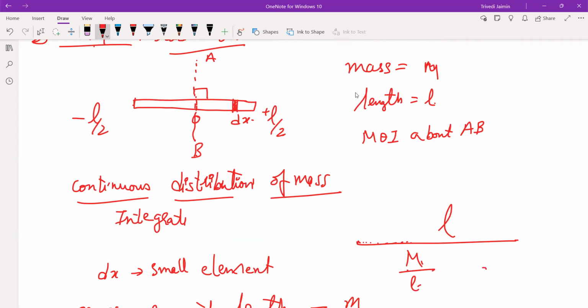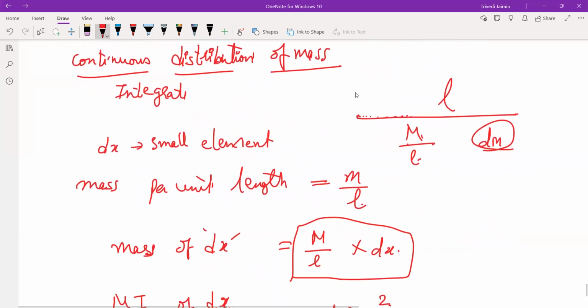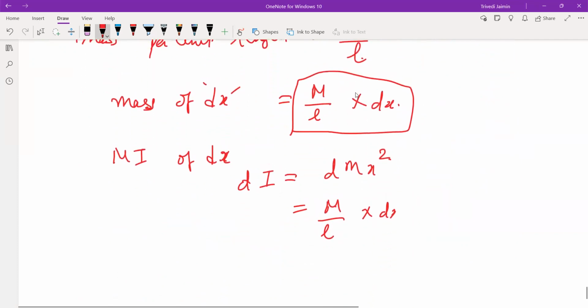That will be dm, the mass of each element. That's why we are dividing by the length. Mass per unit length gives your dm.